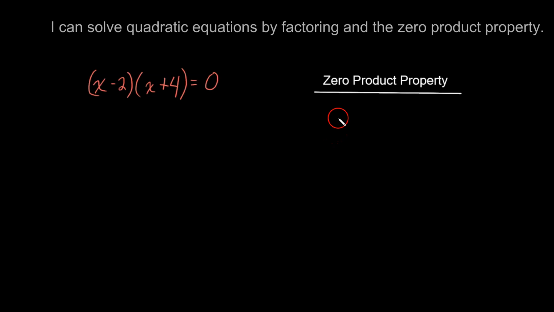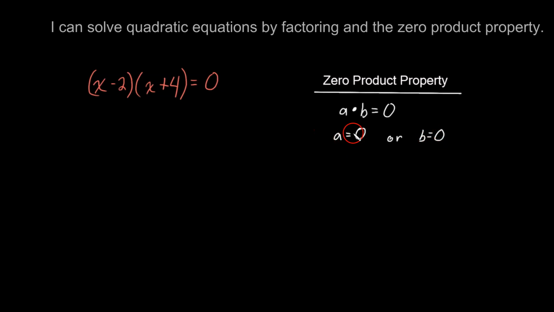And the zero product property tells us that if we have any two quantities, let's call them a and b, so if we have a times b equals 0, then either a equals 0 or b equals 0.